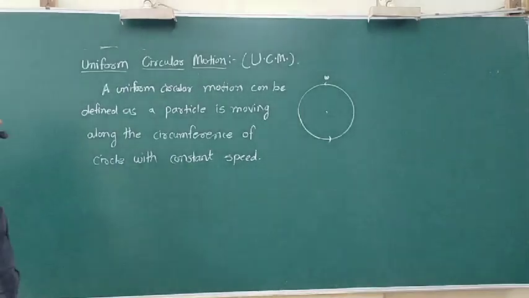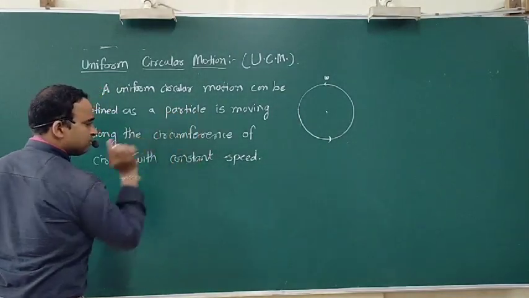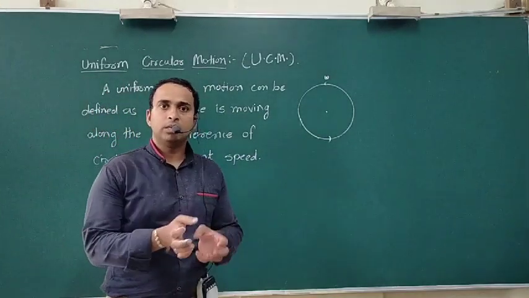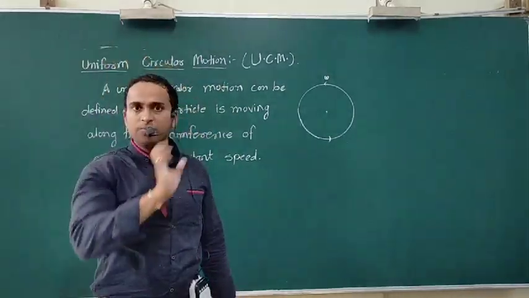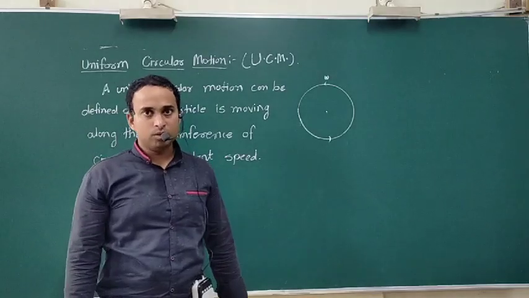We know what circular motion is: a particle moving along the circumference of a circle. Such motion is known as circular motion.